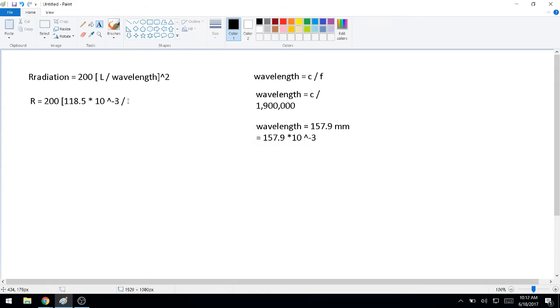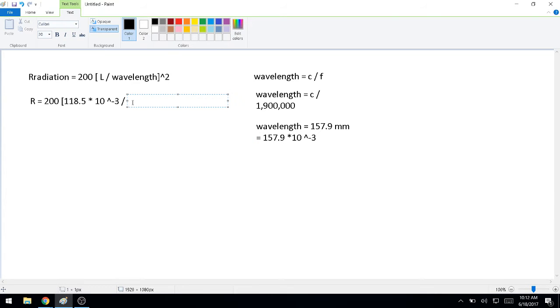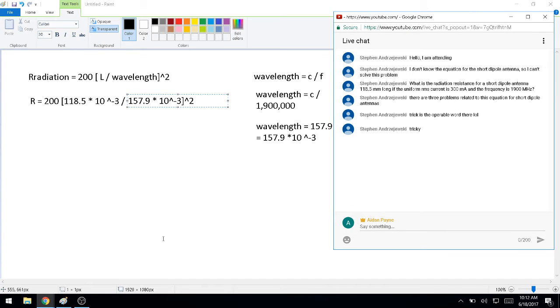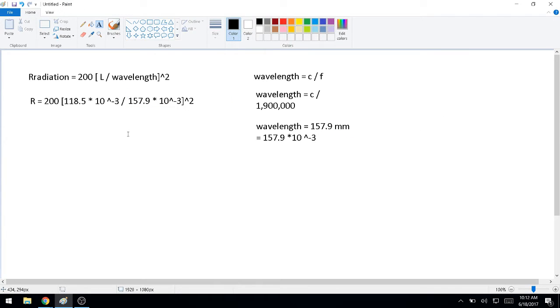And so back over here, we'll add that number back in. And then that whole quantity that we just covered there is squared. Given that, we can plug our numbers back in.